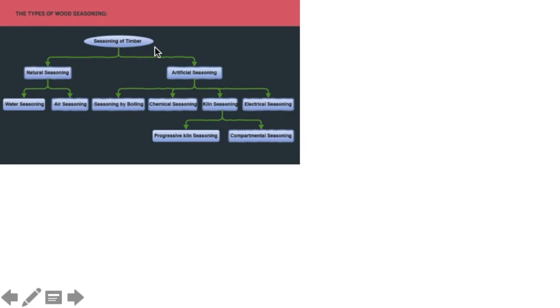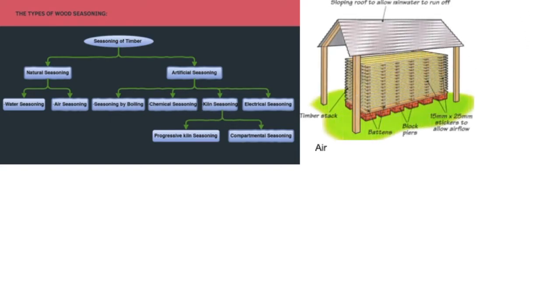We said that you can do that through natural means or artificial means. The natural means are water or air seasoning, while the artificial ones would be boiling, chemicals, baking it, or electrical means. We're going to look at all this in detail, starting with the air one.